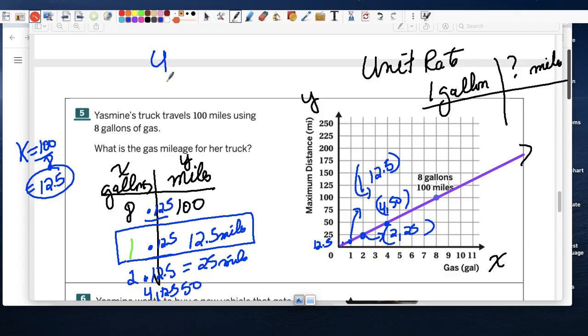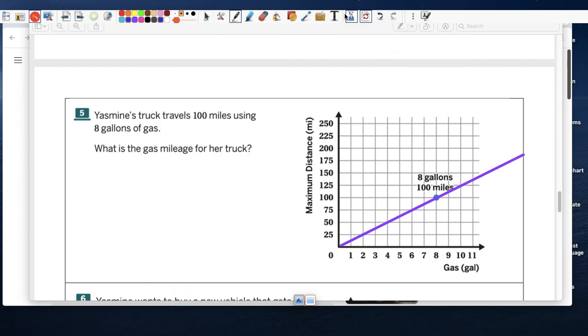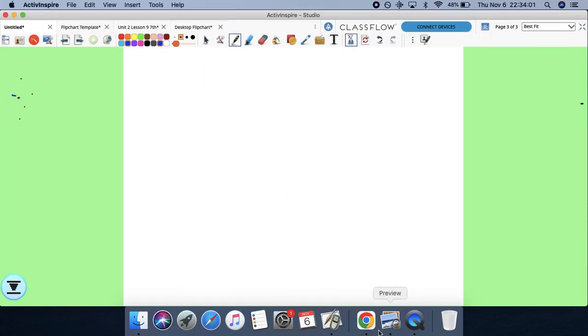What's the equation? So to find how far you can drive, take 12 and a half and multiply by the number of gallons you have in the car. The number of gallons in this case is represented by x. Is this proportional? Yes, it is. Both the table and the graph. I think you're getting the hang of it.